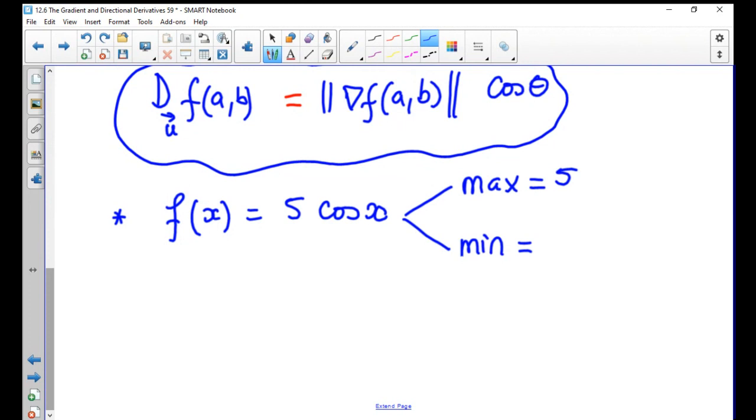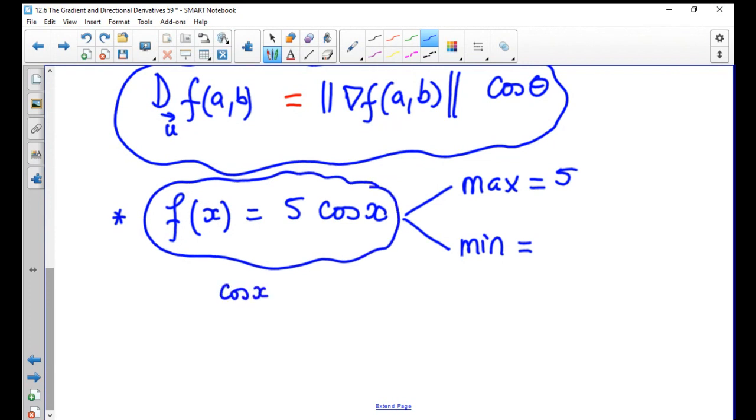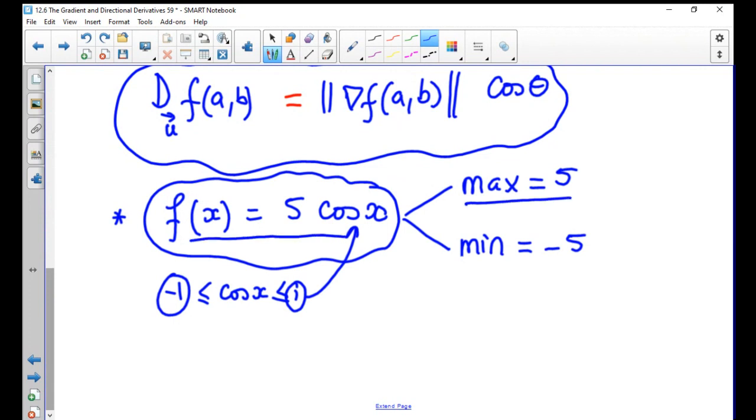Not 0. Remember, cosine x is between minus 1 and 1. So when it is 1, you get 5. When it is minus 1, you get minus 5. So for a function like this, its maximum is 5, its minimum is minus 5.